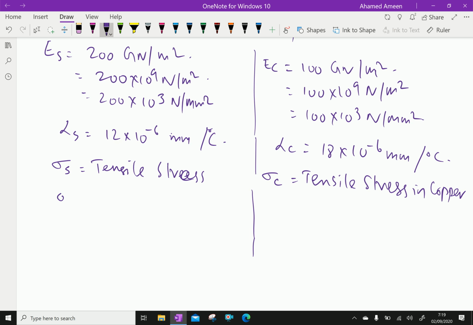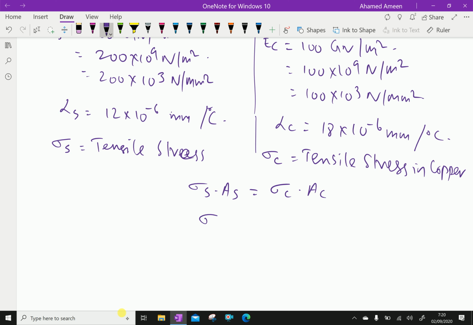Then sigma S into area of steel equals sigma C into area of copper.